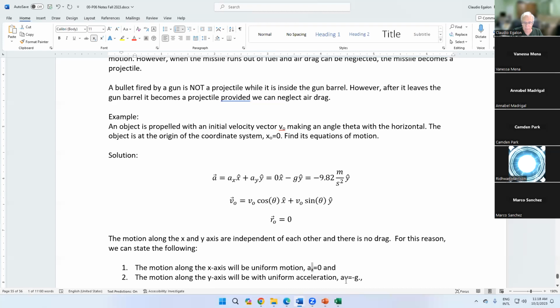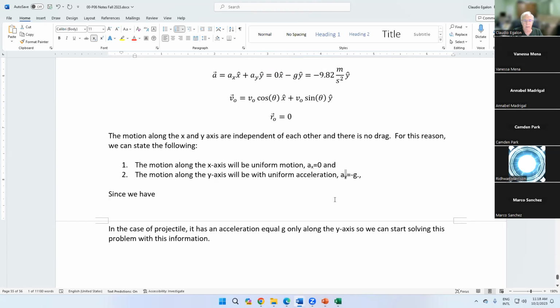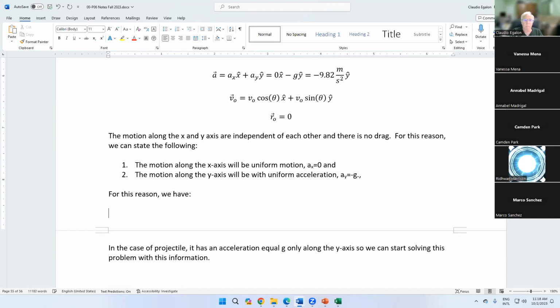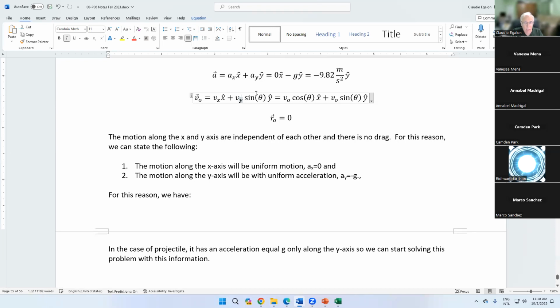So let's go here. Forget this guy here. I'm going to write it like that. Here's going to be Vx, here's going to be Vy. Don't forget it has an x component, it has a y component.